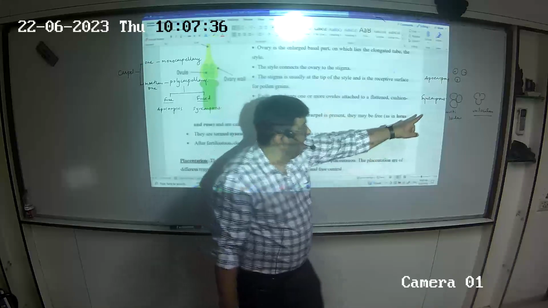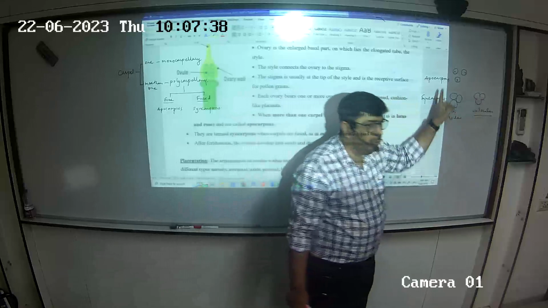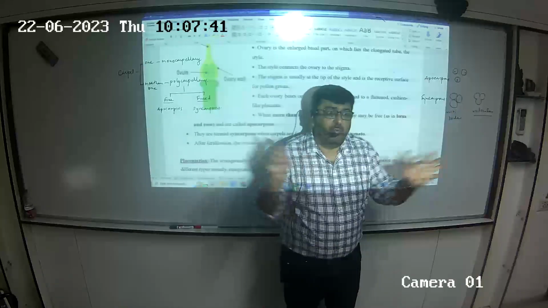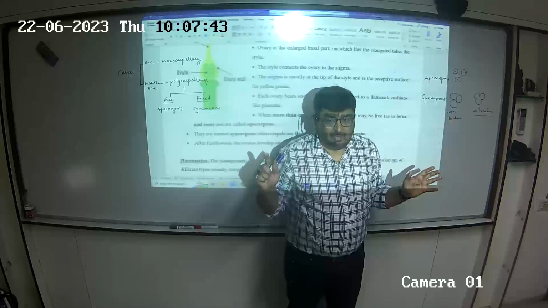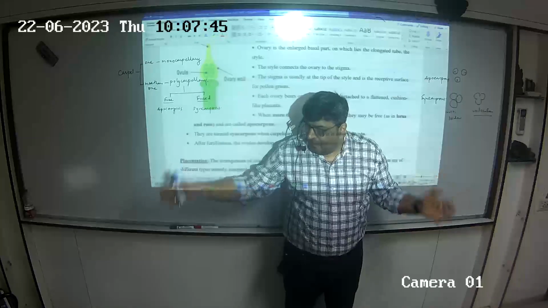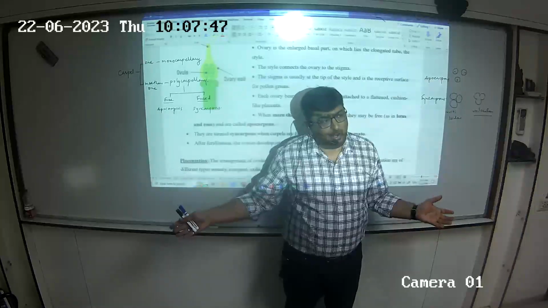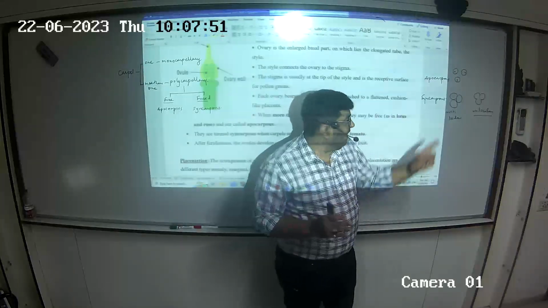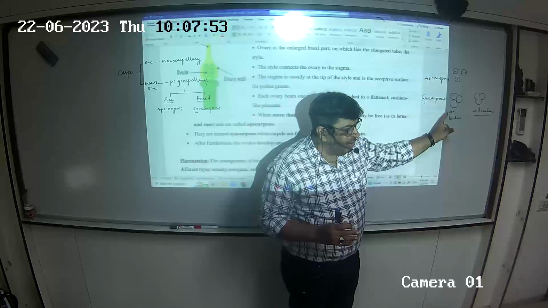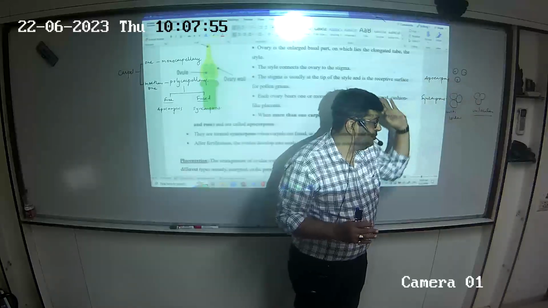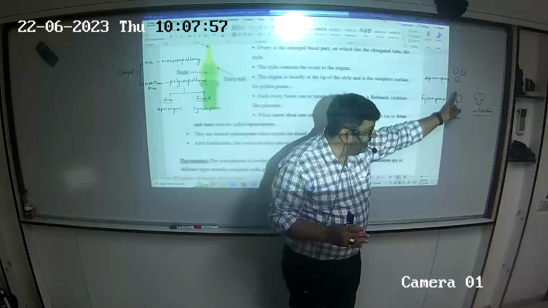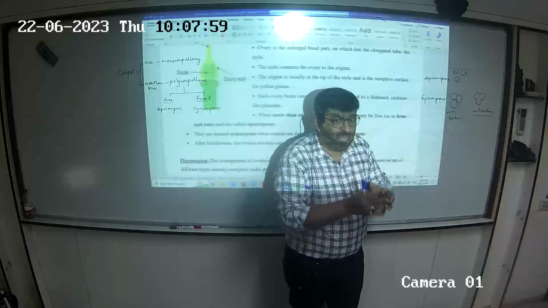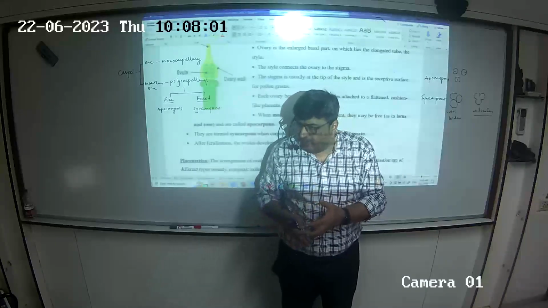So the tissue between these three fused and became one locule. Although there are more than 1 carpels, all the locules have fused together. So they can remain independent also, they can remain fused also. If independent, it will be like this; fused, but every locule is separate.